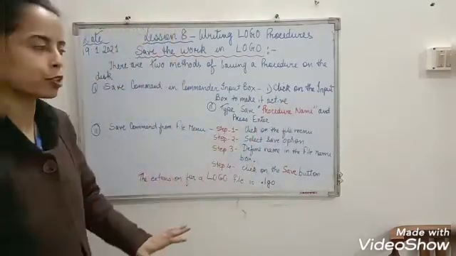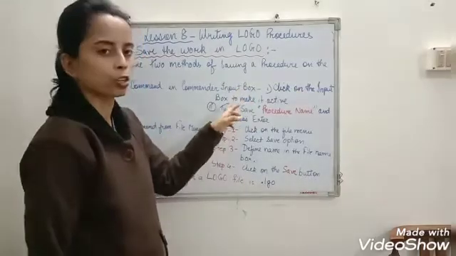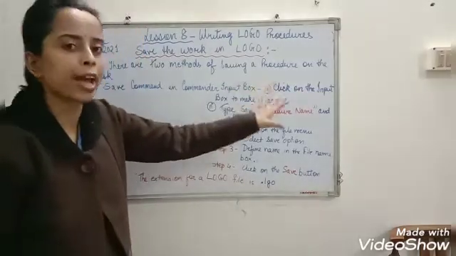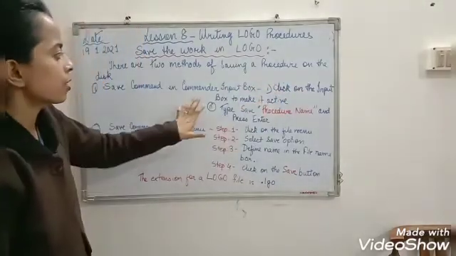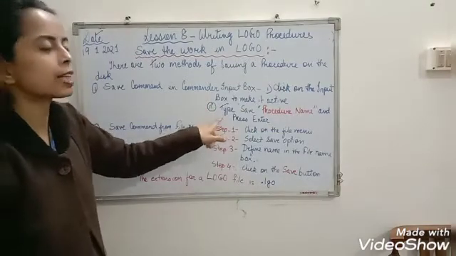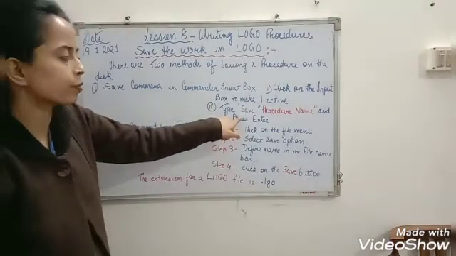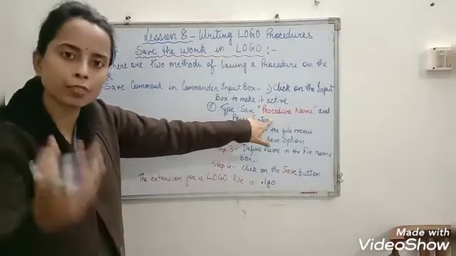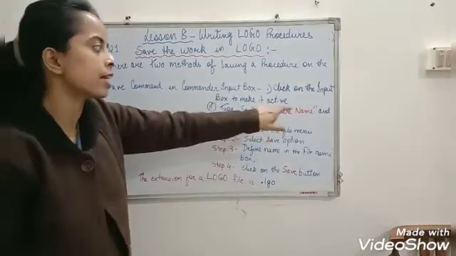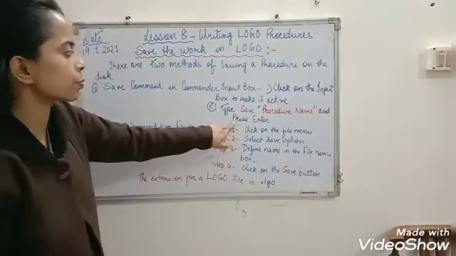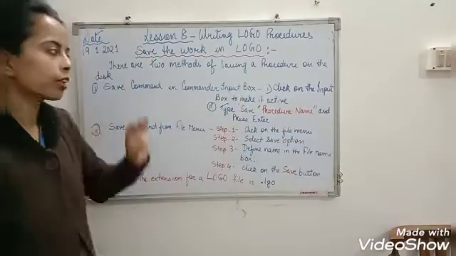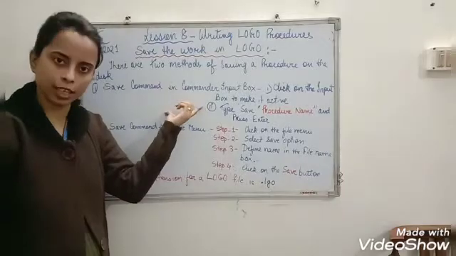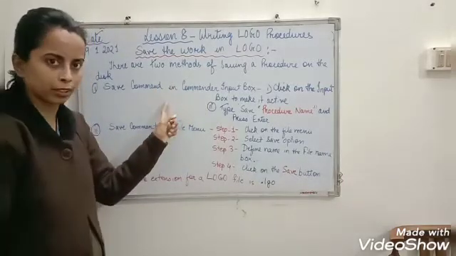Second step, type save and the procedure name, whatever procedure you have made. That name you have to write, and at last you have to press Enter. Here your procedure will be saved. So this is one method.